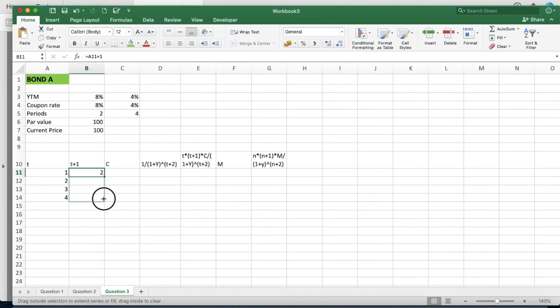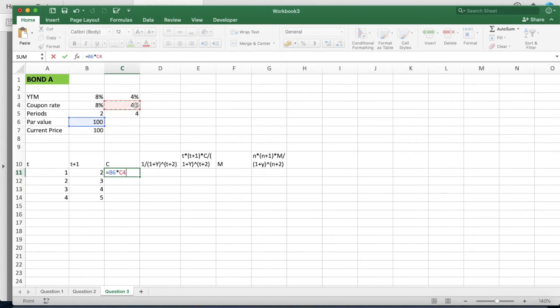Let's scroll down. Now the coupon payment is equal to the par value times the semi-annual coupon rate. Since both of these two variables are constant, we add the dollar sign. Then we compute the new present value factor.